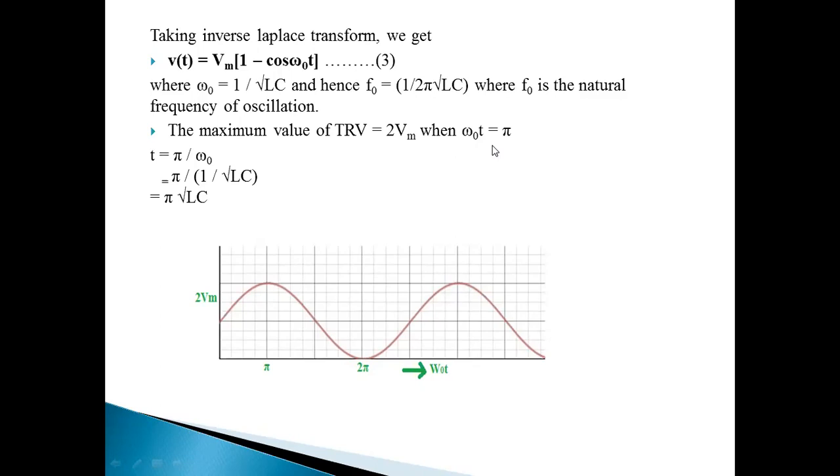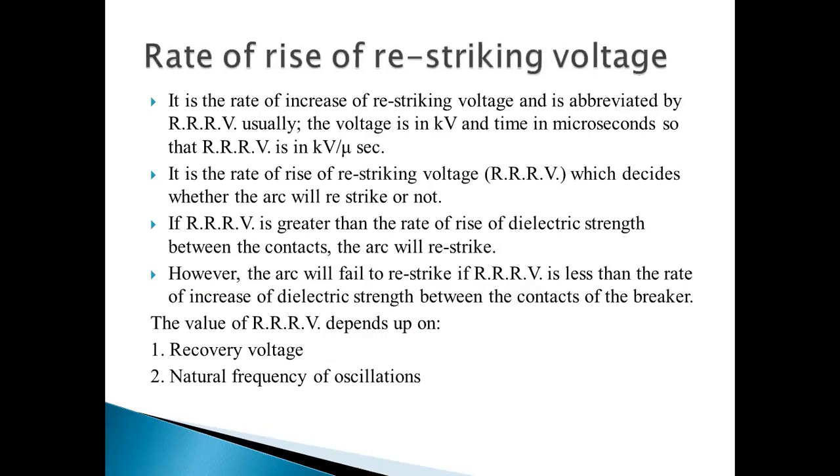Now we'll see the next point, that is RRRV. Here, rate of rise of restriking voltage. This is RRRV, nothing but the rate of rise of restriking voltage. So it is the rate of increase of restriking voltage, and it's abbreviated as RRRV.